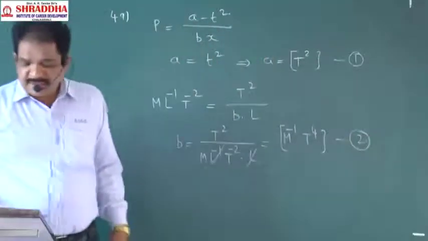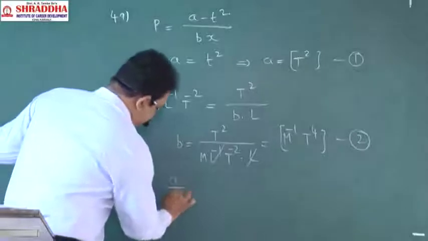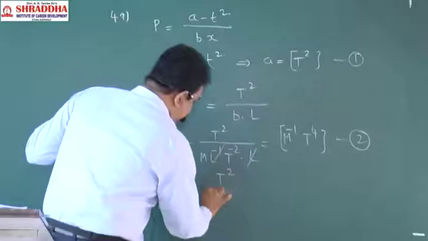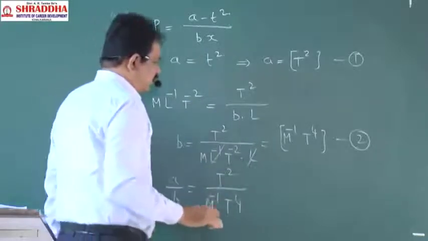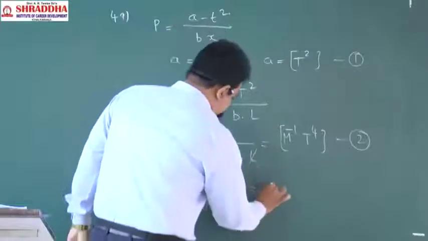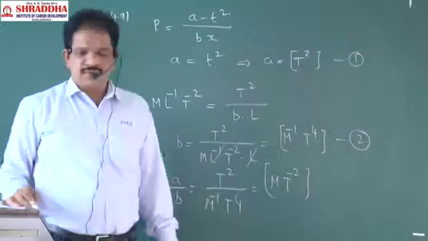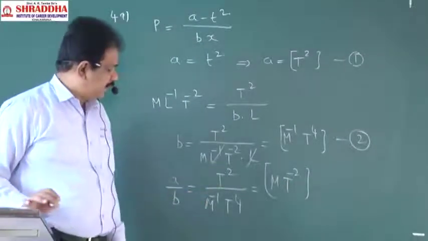They are asking the value of A by B is how much? So T square by M power minus 1 T power 4. This value M T power minus 2. So M T power minus 2 will be the answer.